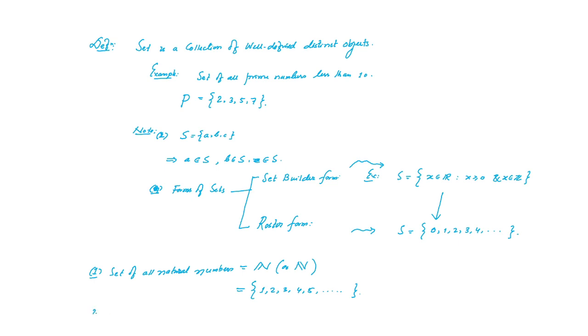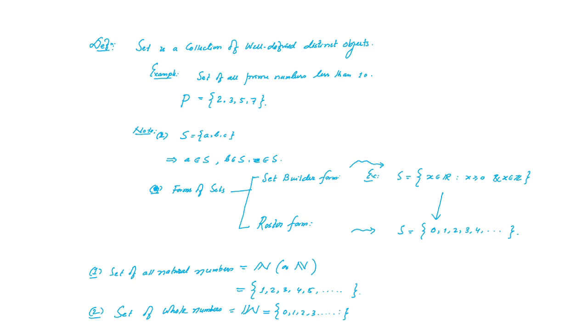Next, the set of whole numbers, that is represented by the symbol W, and here W means 0, 1, 2, 3, and so on.